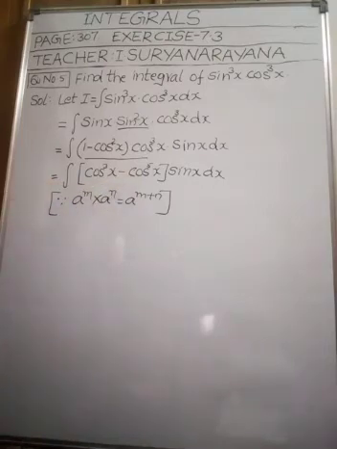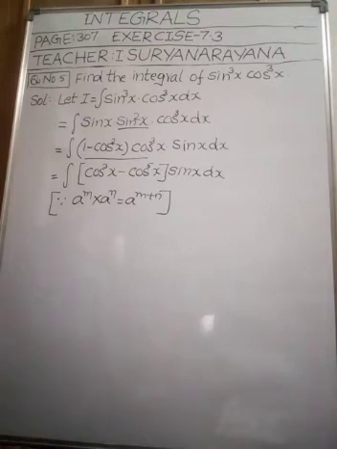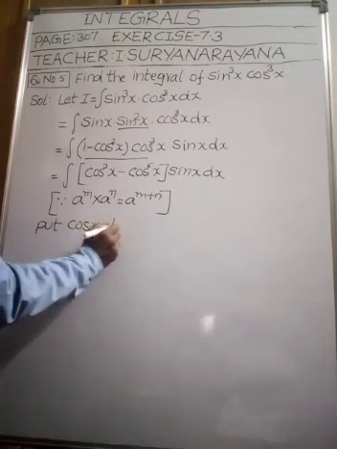Right. Now in this function, let us assume that cos x is equal to t. Hereafter we use the integration by substitution method. So put cos x is equal to t.